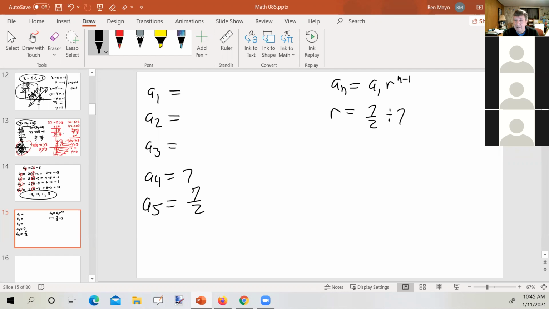That is a sub 5 divided by a sub 4. But that would be equal to 7 halves times the reciprocal of 7, which would be 1/7. 7 over 1 times 2 times 7 reduces down to 1/2. So r equals 1/2.